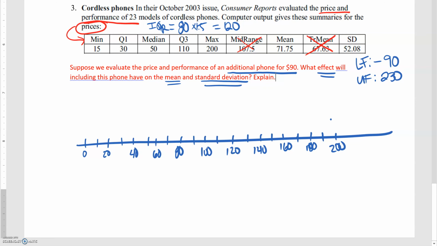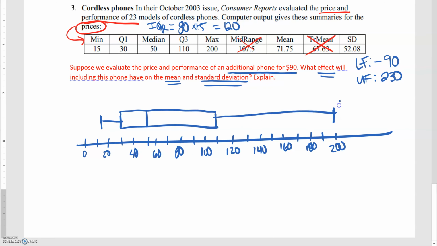I don't have any outliers, so my minimum is at 15, which is between 10 and 20, around here. Q1 is 30, which is here. The median is at 50, and my Q3 is at 110. You can see my data is pretty spread apart. And then my maximum is all the way out here at 200, so I'm going to make my whisker go all the way over there.